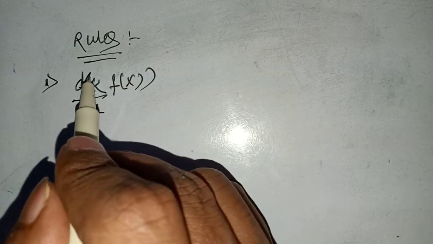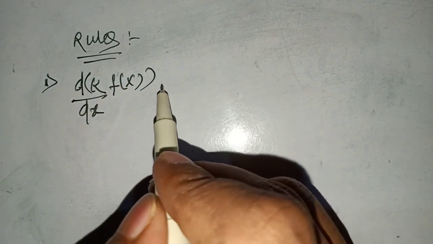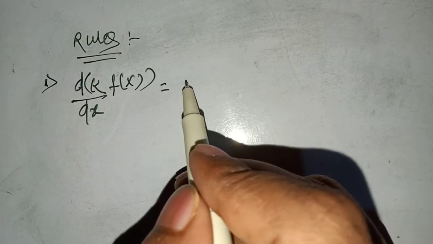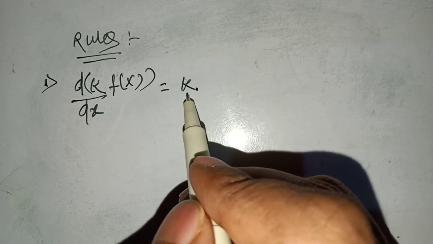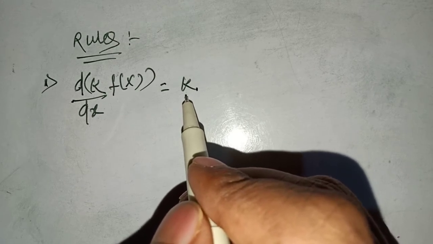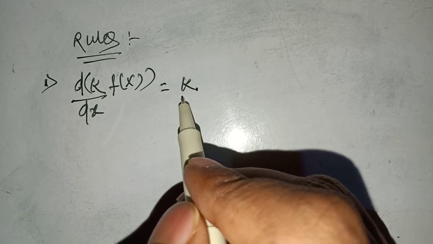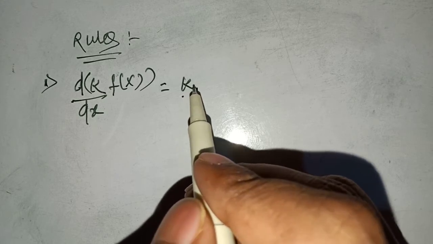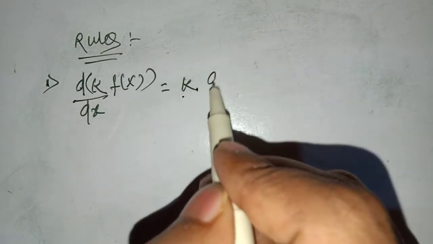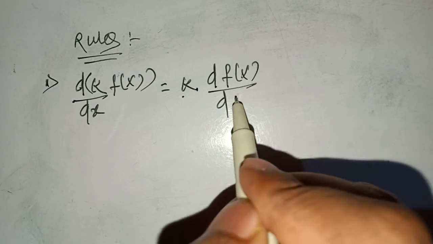While differentiating this type of function, the constant will always come out. So we have to write k outside. Why? Because k is constant. So it is k times d f(x) by dx.